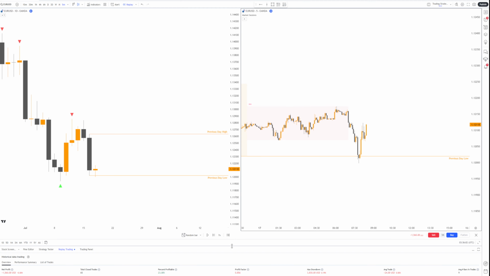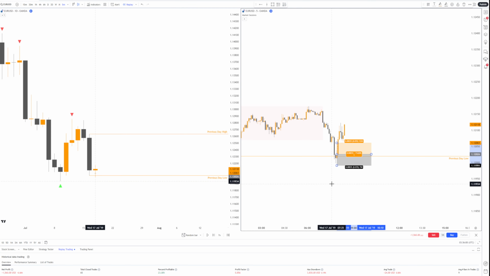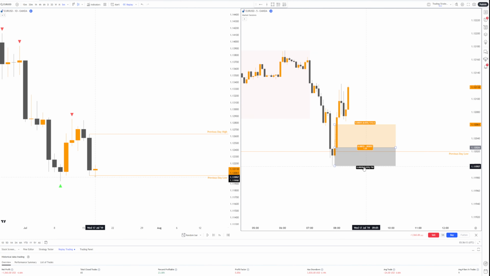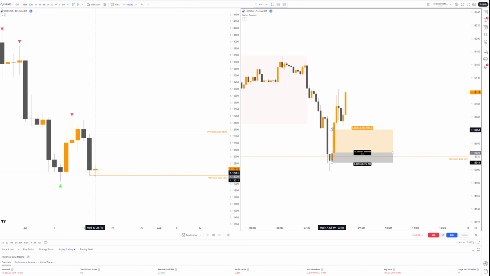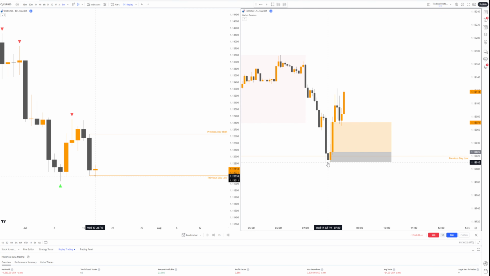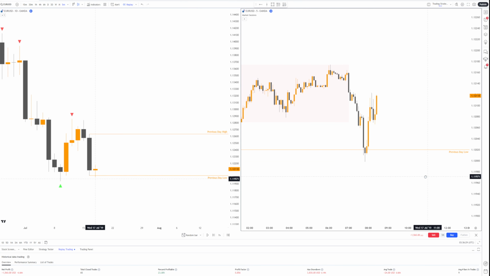Instead of messing around with that, let's just put our TP in. So it would have been a 3 to 1, something like this. That would have definitely hit our target in one swoop, and that would have made the balance back up to where it was. But because I forwarded it too quickly, eager beaver here, we missed out on that trade.